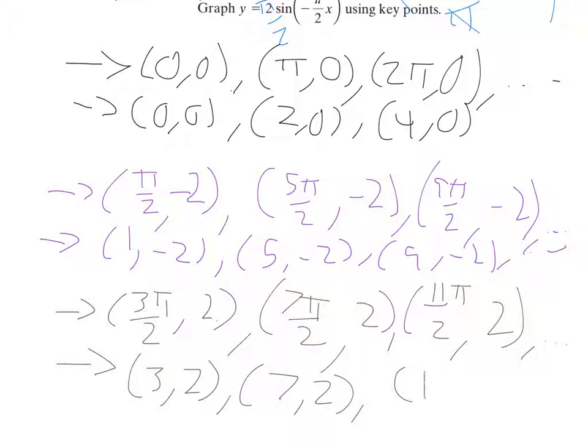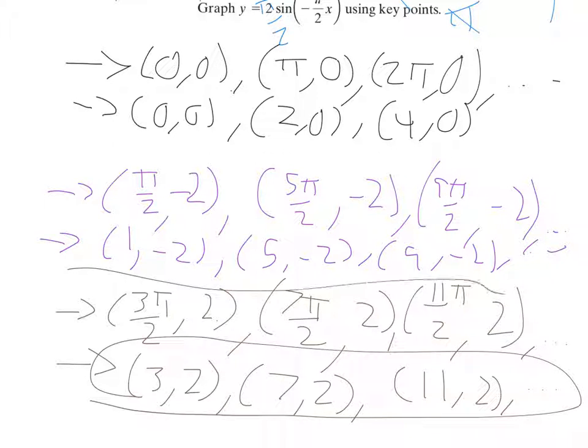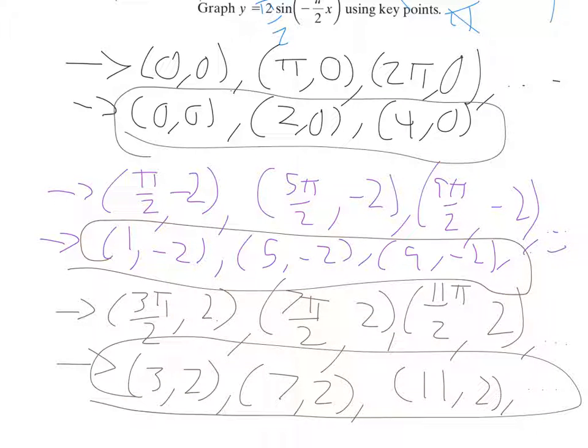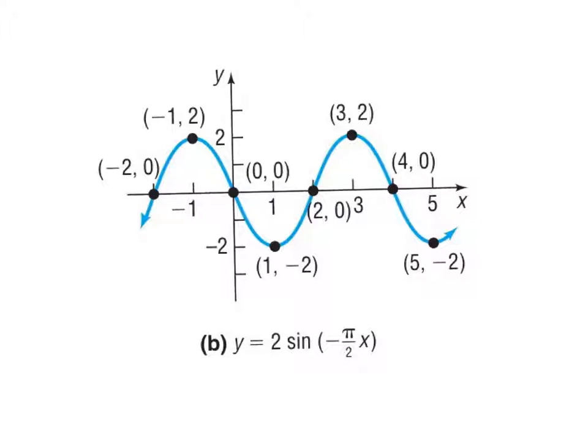And at 11, 2. So now you have your critical points here, here, and here. You can pause, and now you can draw your graph, and it should come out looking like this. Alright, here's the graph with the points we labeled 0, 0, 2, 0, and 4, 0.